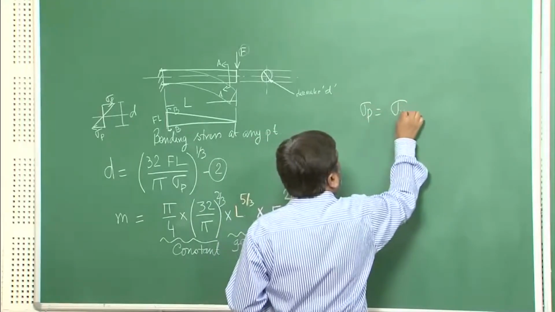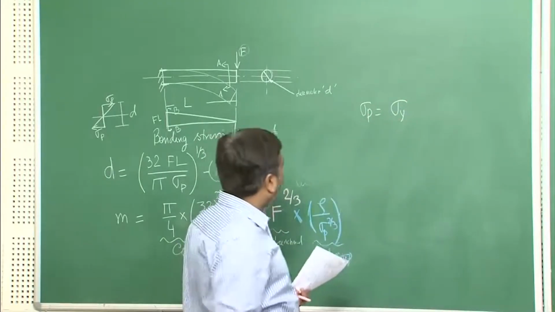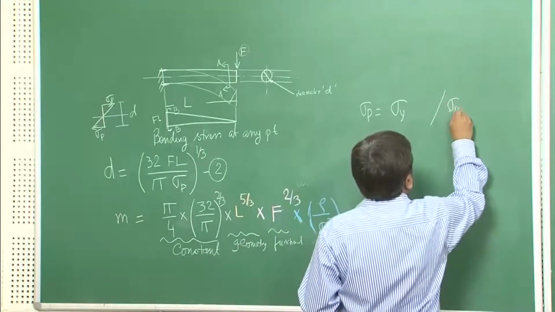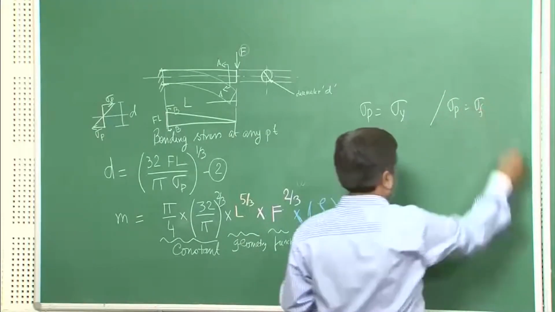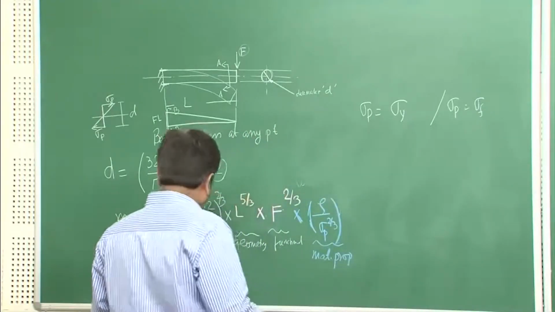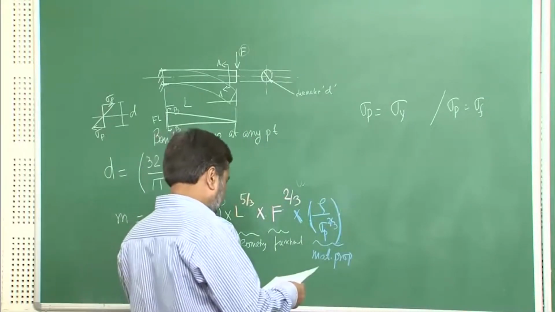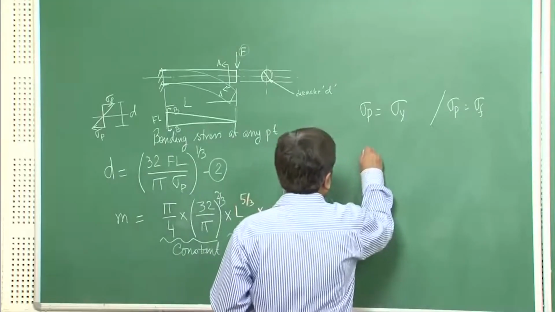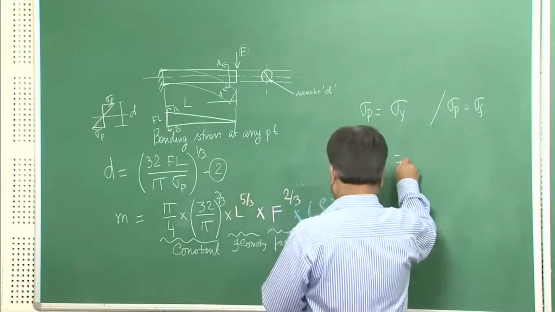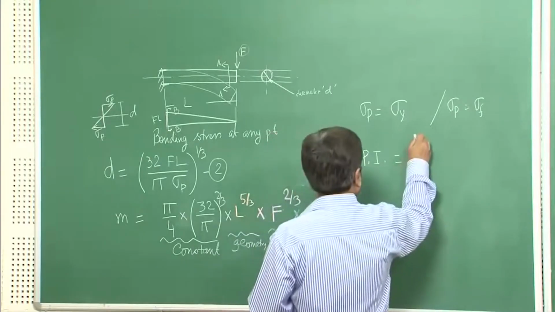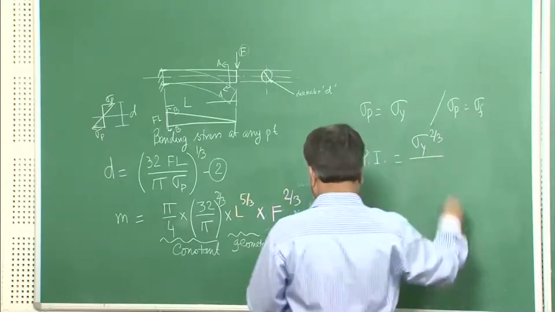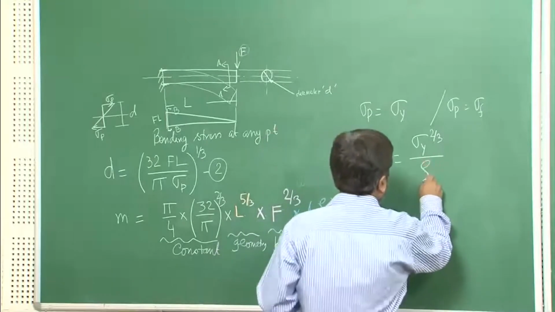In some cases, if you keep a factor of safety, then you can write sigma p equals sigma f, by providing a suitable factor of safety. So, the performance index in this case is actually sigma y to the power 2/3 divided by rho.